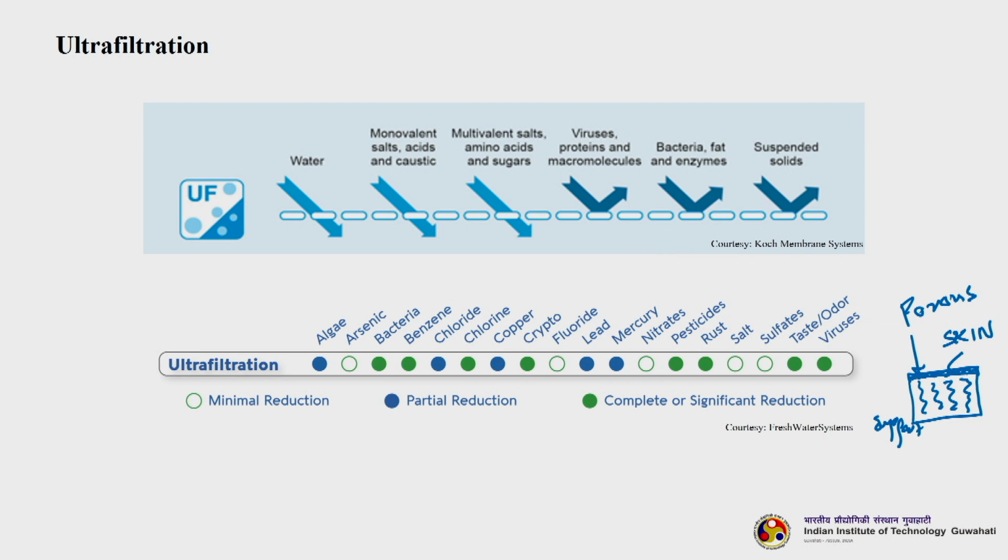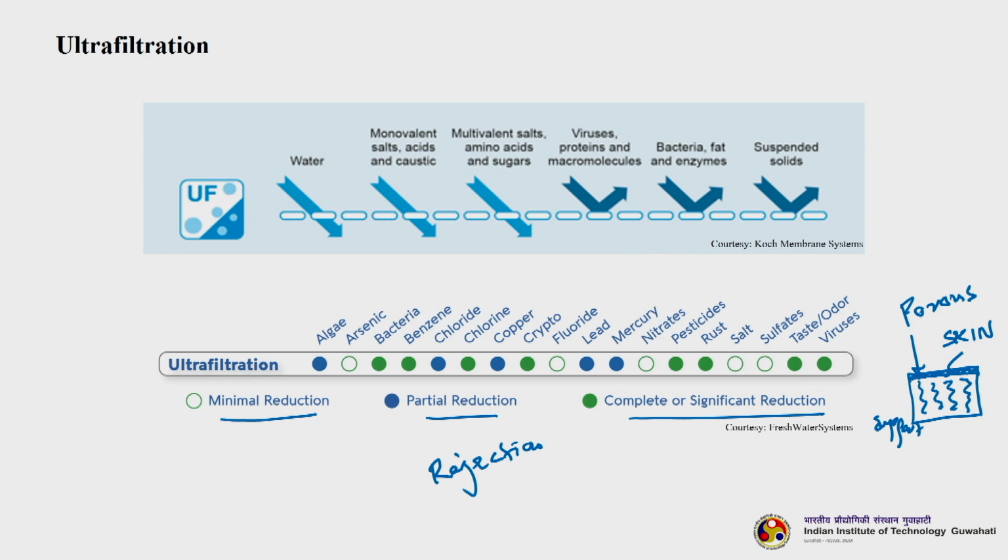So, here you can see another example where ultrafiltration is classified into three categories: first minimal reduction, then partial reduction, and complete or significant reduction. This reduction means rejection. You can see algae is partially rejected because there are microalgae, cyanobacteria and all these things.